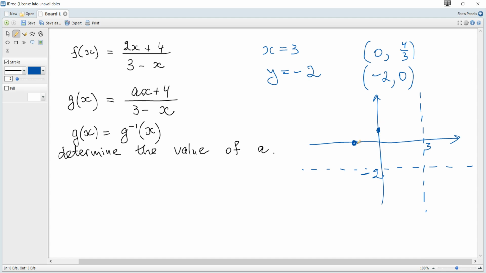Actually it's enough to know these 2 points to plot a graph, because it will be such hyperbola branches.